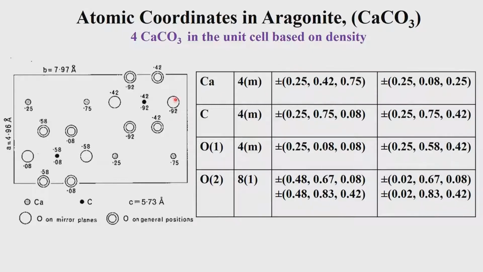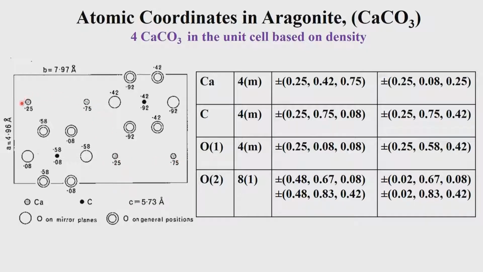This is the mirror which is perpendicular to the A axis, and so this sits along the mirror plane. So, you see that there is one at 0.25 and there is one at 0.75, and these are the calcium positions.